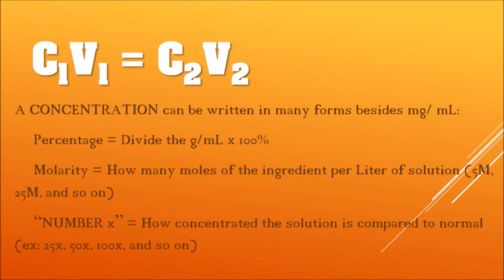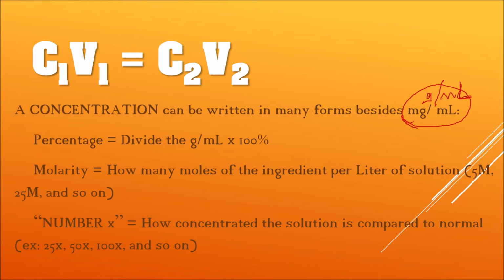Now, concentrations, we've been writing in the videos before in this format: milligrams over milliliters, or grams over milliliters. It should be grams over milliliters. It's a lot easier when you do it that way. So that's how we've been writing concentrations before.